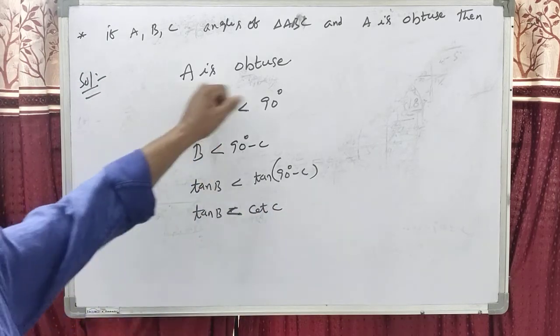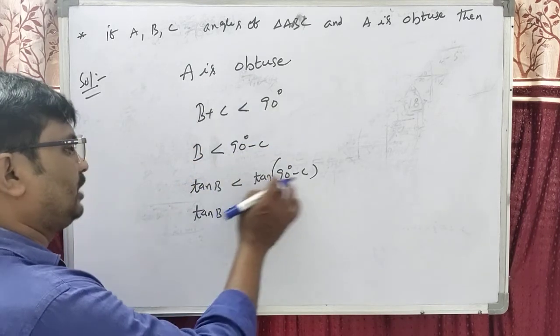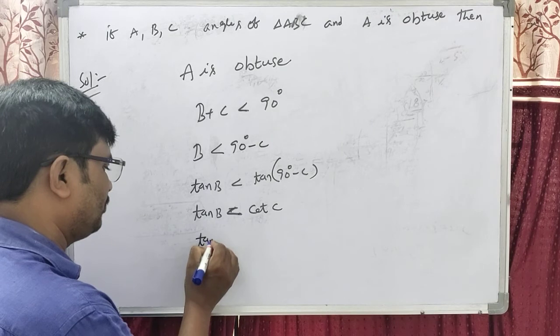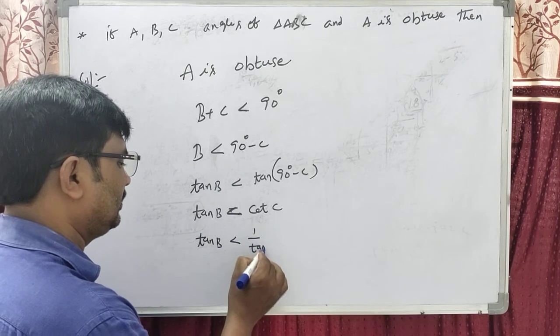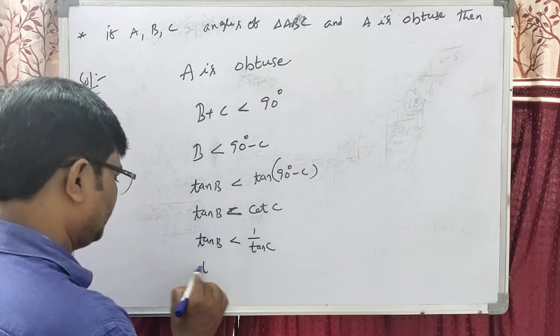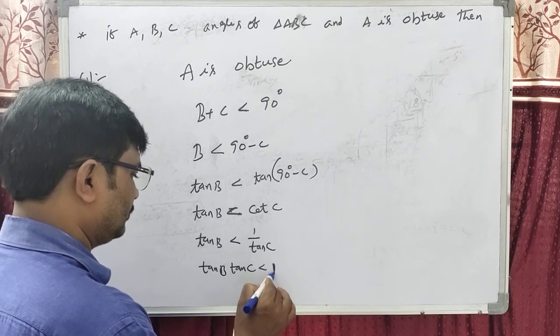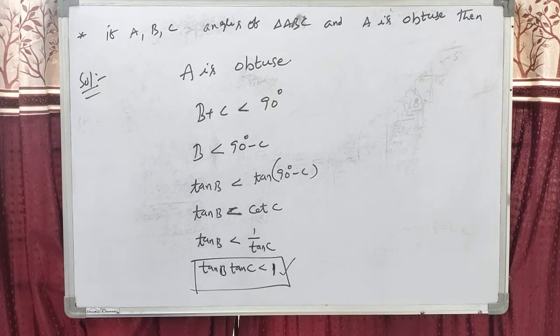So A is obtuse, B plus C is less than 90, so B is less than 90 minus C, tan B is less than tan of 90 minus C, which is cot C. So tan B is less than 1 by tan C. Now by cross multiplication we get tan B tan C less than 1. Tan B into tan C is less than 1.